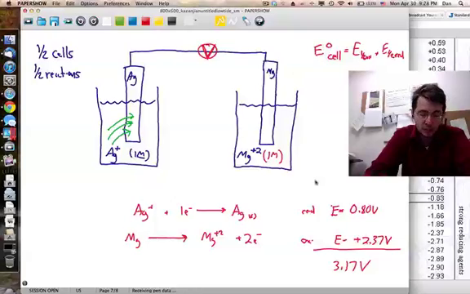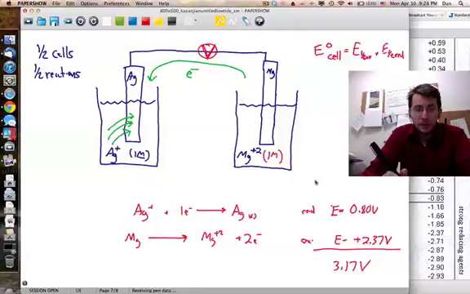So electrons will need to move between these two systems, from the material undergoing oxidation to the material undergoing reduction. And because the electrons are moving, they're coming from the conversion of this magnesium metal into magnesium ion.